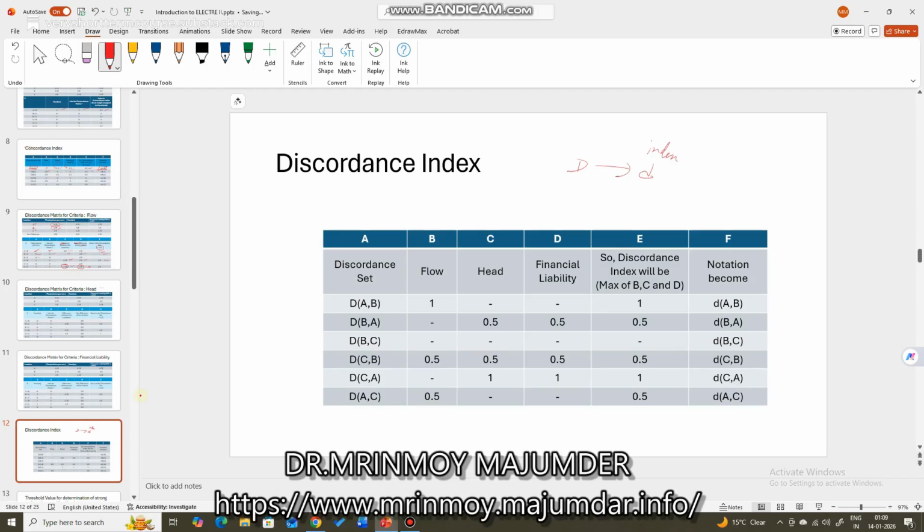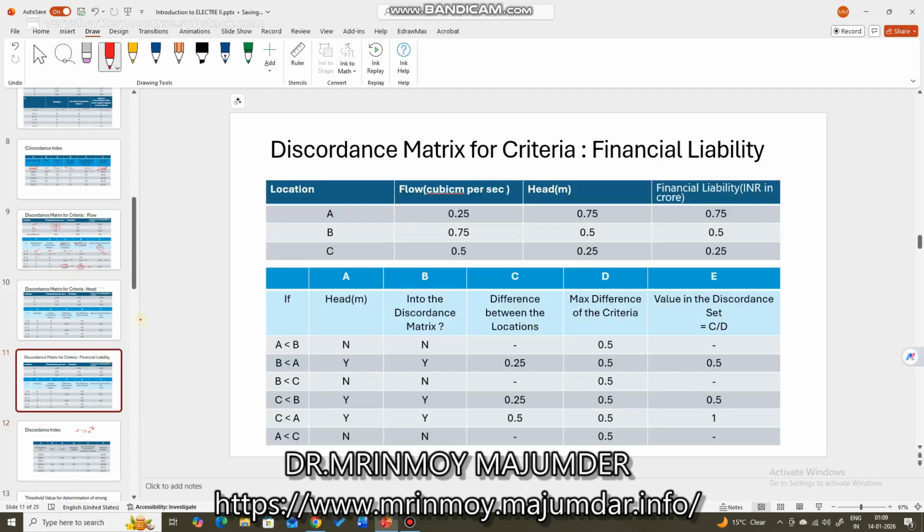We have already selected the values in the earlier matrices. Here you see, B is less than A. If yes, find the difference between the locations, 0.25. The maximum difference between the locations for the criteria of financial liability is 0.5.